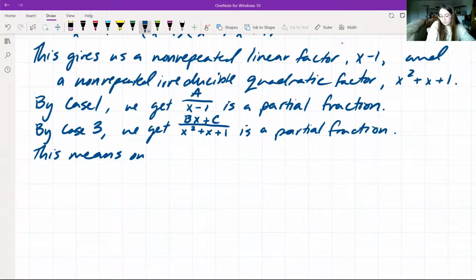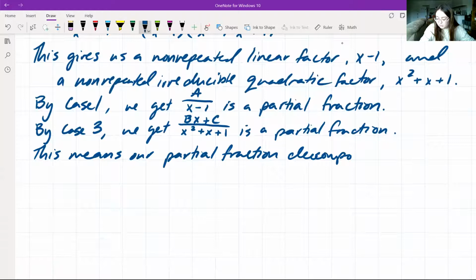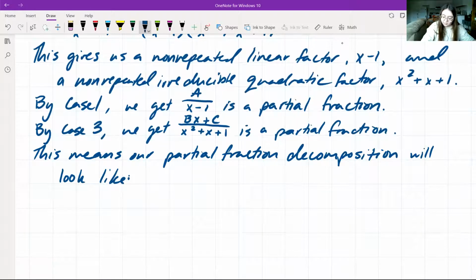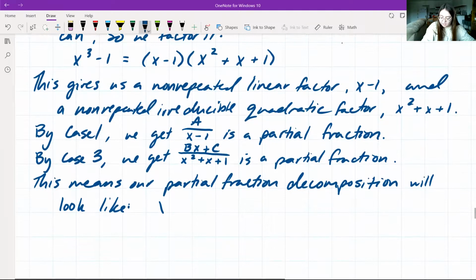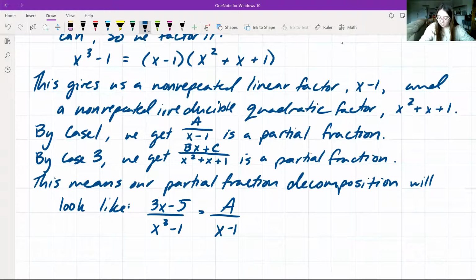So this means our partial fraction decomposition will look like 3x minus 5 over x to the power of 3 minus 1 is going to end up being A over x minus 1 plus Bx plus C divided by x squared plus x plus 1.